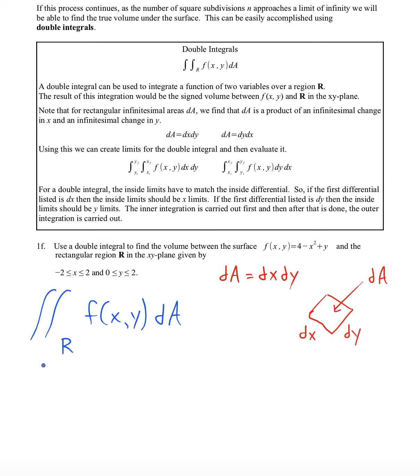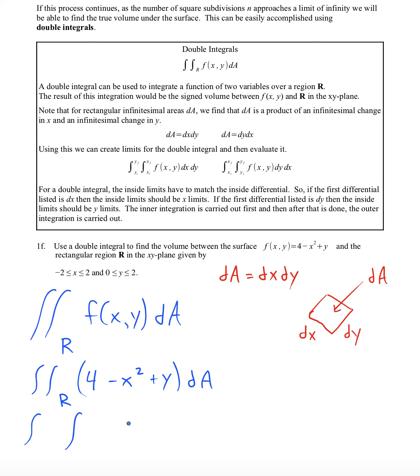Now once we go ahead and plug in the function 4 minus x squared plus y dA, we now see that our variables in question are x and y, but our differential variable is A. And we want to get rid of that mismatch, so we want to replace dA with dx dy or else dy dx. Now the order of integration can often be reversed, and you could do it either way.